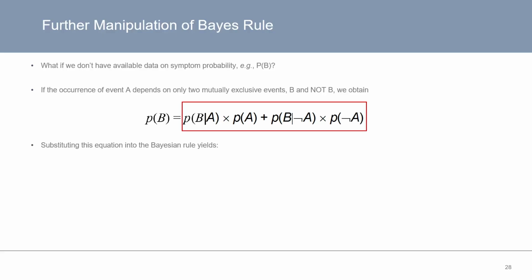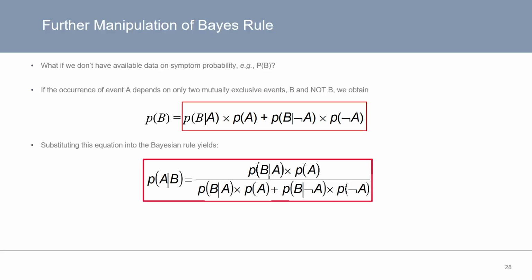We can then substitute this equation into the Bayes rule, giving us the following. So now in the denominator of this equation, the probability of B is replaced by this whole expression from above. Notably, the probability of not A is the prior probability of hypothesis A being false. So this could be the probability of not having a headache.